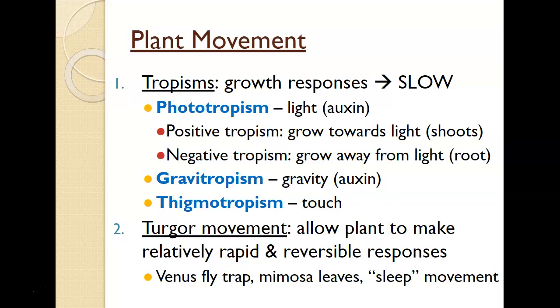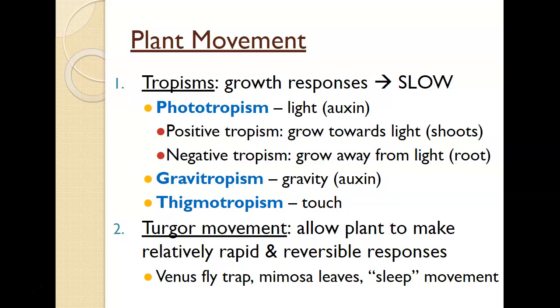So some plants actually move in response to touch. There's also turgor movement, which has a specific rapid response that can be reversible. So the Venus flytrap is kind of the quick, easy go-to for that type of thing.